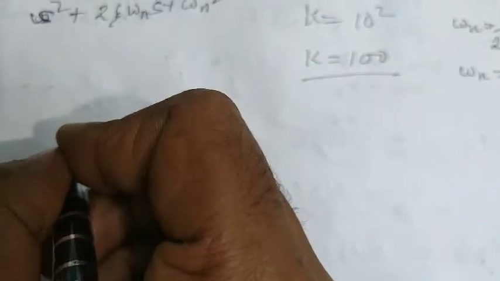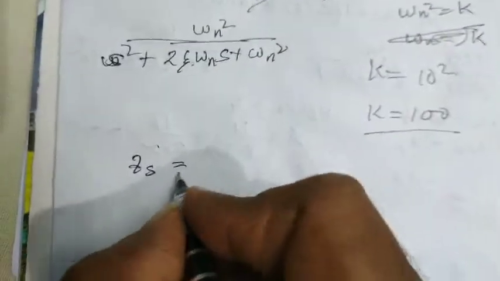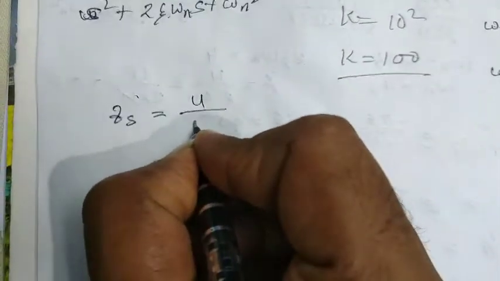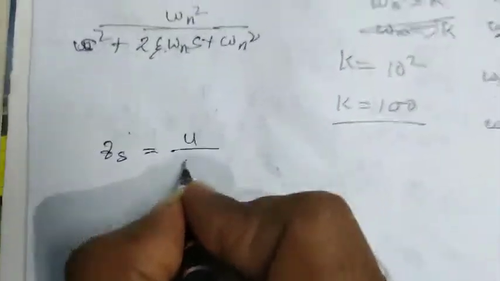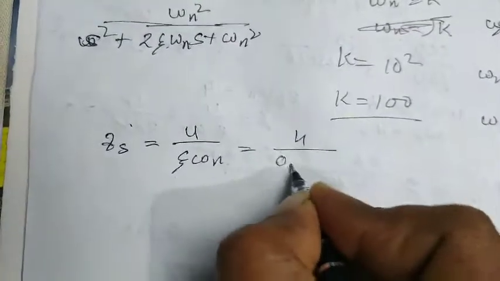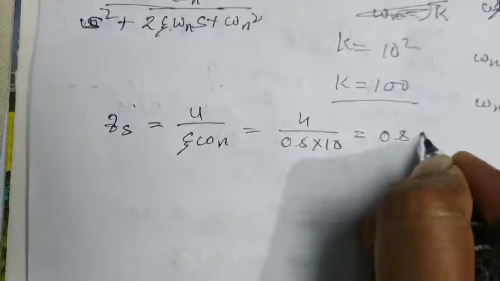After this, I have to find the peak time, settling time and peak overshoot. In the given question, Ts settling time for 2% tolerance is 4 by zeta omega n, which is 4 by 0.5 into 10, I'll get 0.8 seconds.